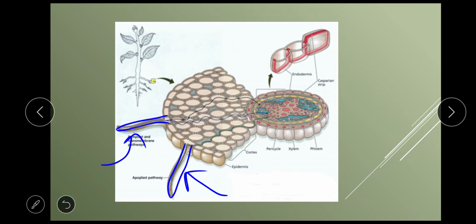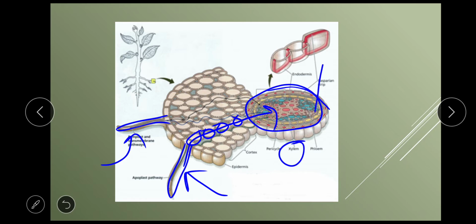So see what happened. First water will travel like this from one cell to another, from one cell to another, and it will reach here. And what is this? This is the stem, which has xylem in it. Now this xylem will transmit the water up.